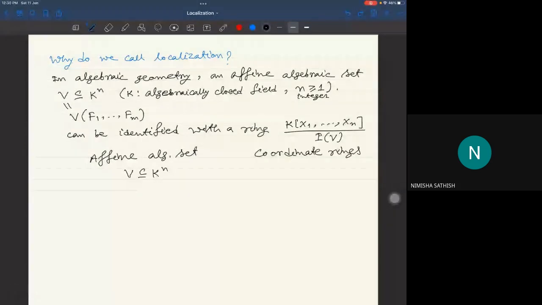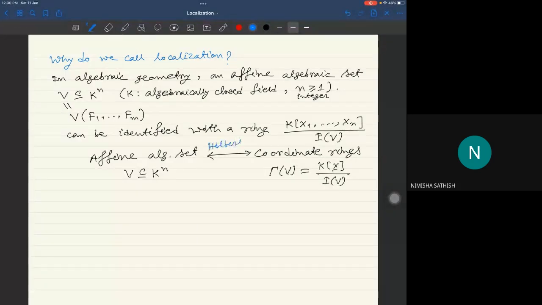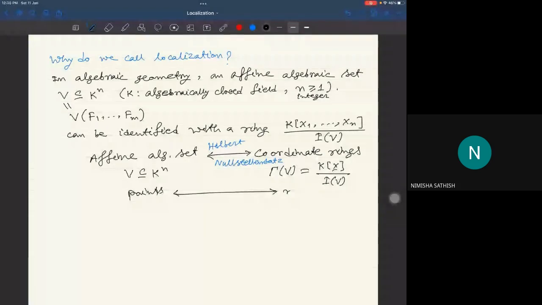We denote it by gamma of V, which is just this quotient ring: k polynomial ring in x1 up to xn modulo I of V. There is a one-to-one correspondence, which is Hilbert's Nullstellensatz, between points and maximal ideals.